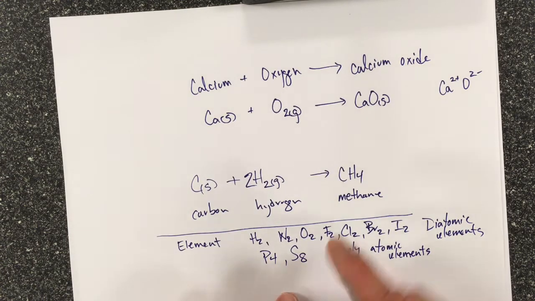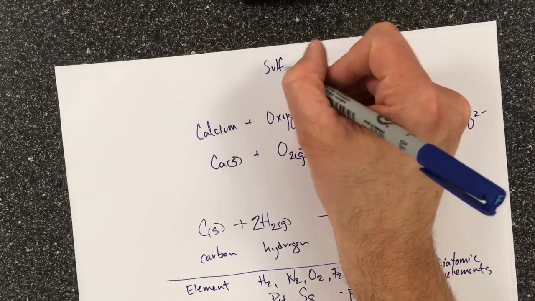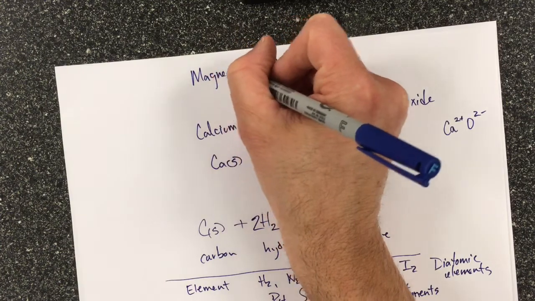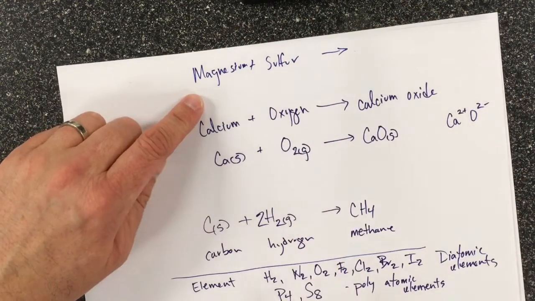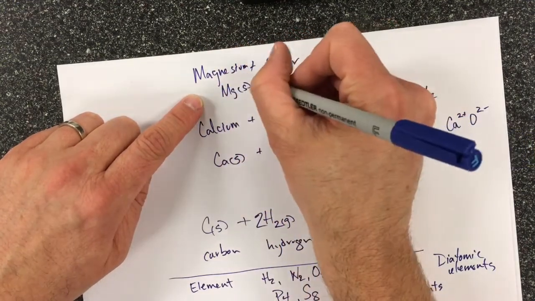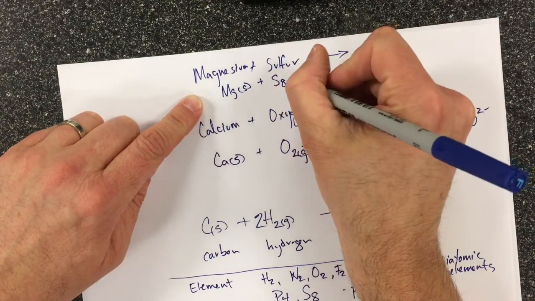If I had sulfur and I reacted it with, let's say, magnesium, magnesium is a monoatomic element, so it's just going to be Mg, plus sulfur is S8, and it's a solid.